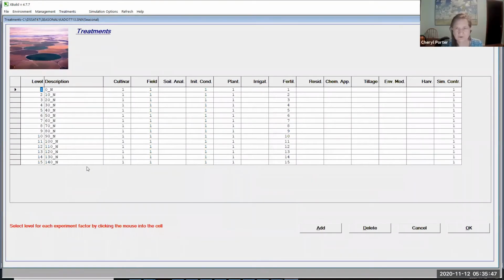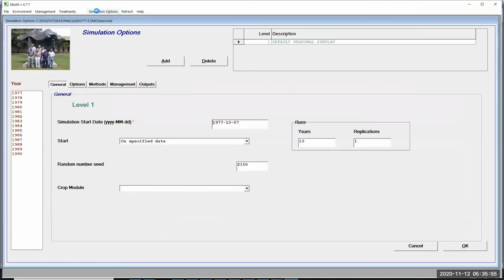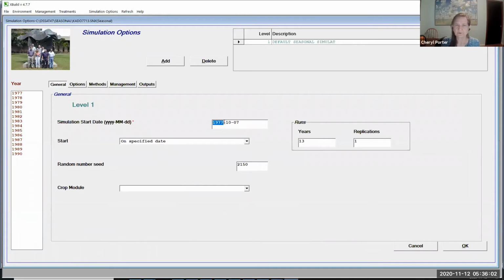The treatments are exactly the same as in the one year. In the simulation options, I changed the start date to 1977. That was the first year that we have weather data.